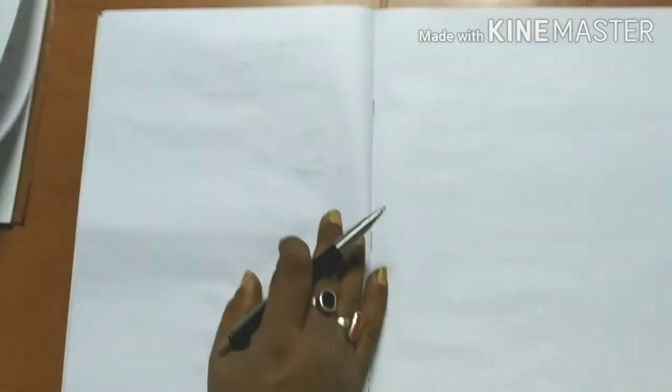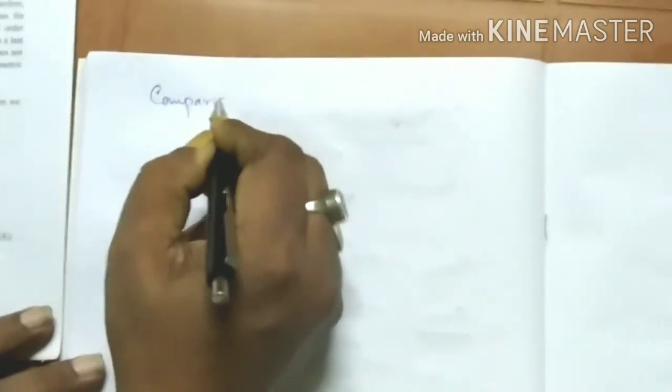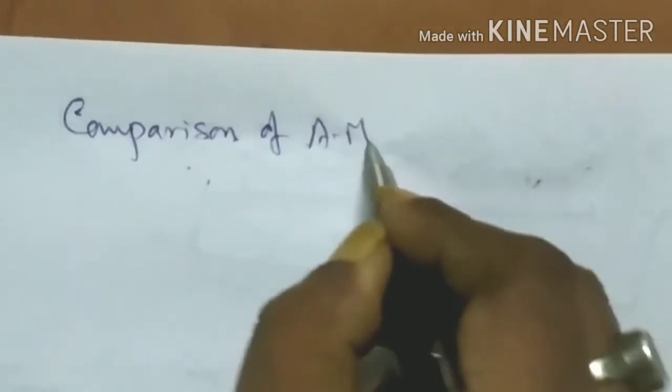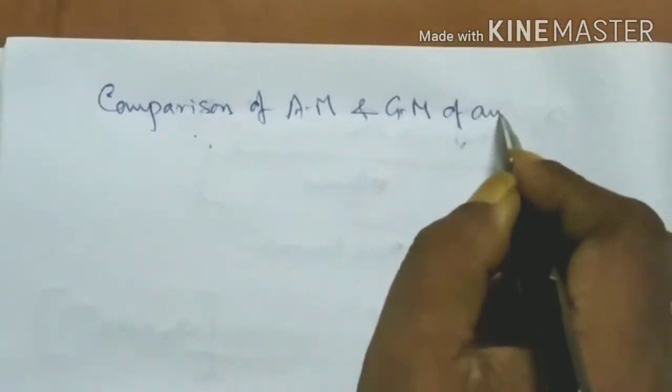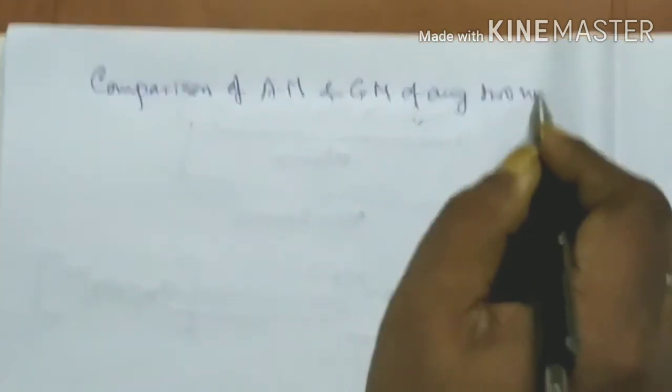Now my last topic is the comparison of arithmetic mean and geometric mean of any two numbers.